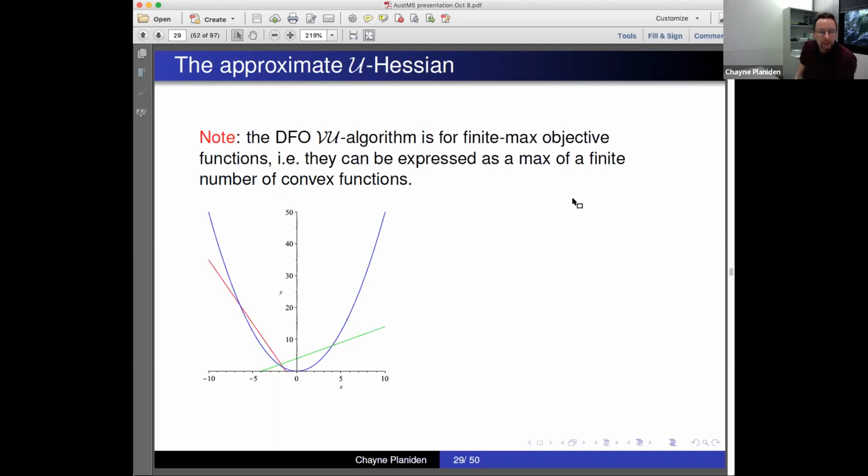So finite max function, that just means you take a bunch of convex functions and you take the maximum of all of them. So you end up with something that looks like this. It's convex again, but it's obviously non-smooth. So this is typical structure of a finite max function, and the subdifferentials are rather easy to calculate for finite max functions. That's why we use them.